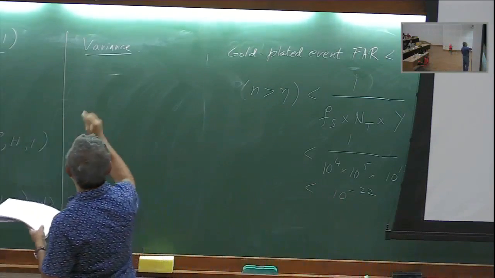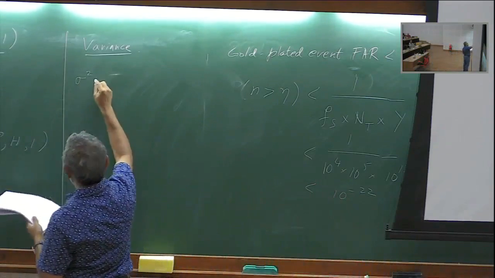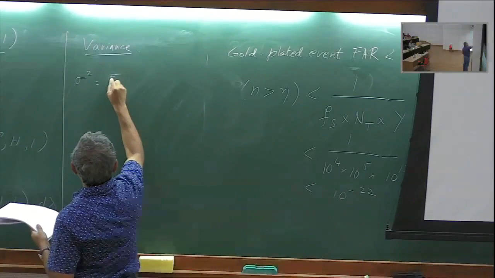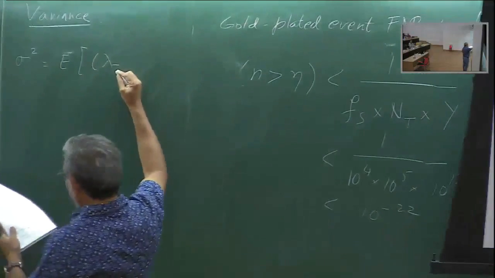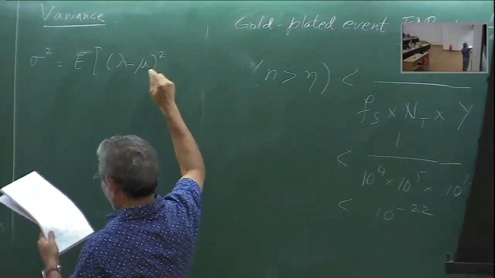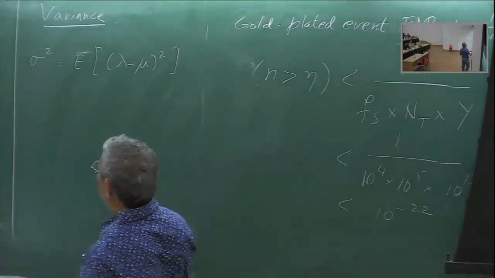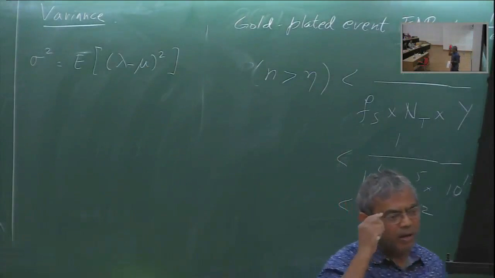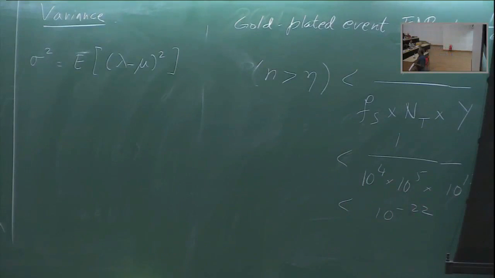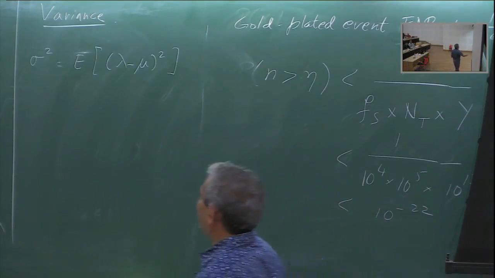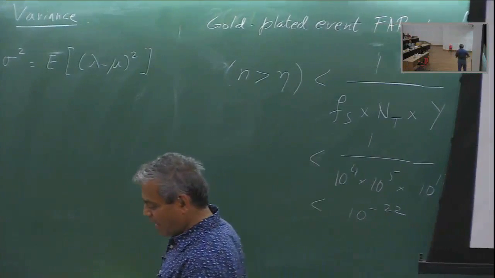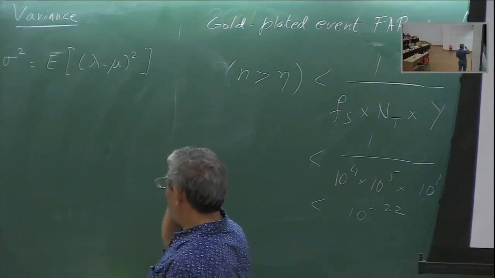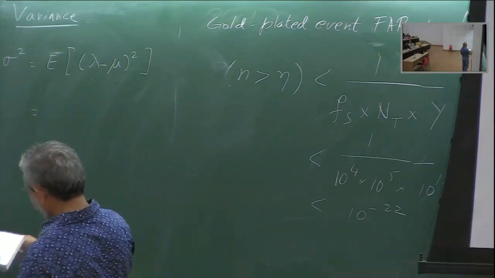So the variance, sigma squared, is nothing but the expectation value of lambda minus mu whole squared. And you see, we are really following, the method is generic, but the interpretation of, okay, let me first write it down and come back and say what I wanted to say.